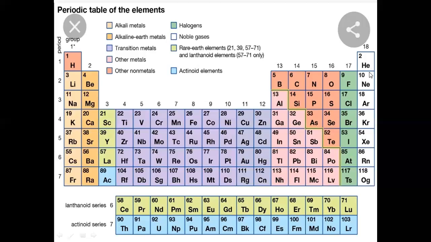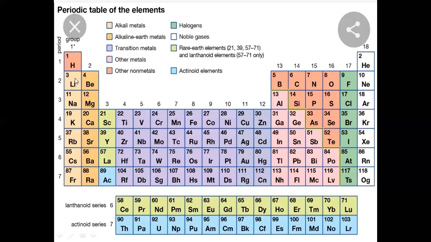So the atomic number 3 element has properties the same as hydrogen, which is the atomic number 1 element. You can see atomic number 11 element, 19 element, all of them have the same electronic configuration and the same properties.